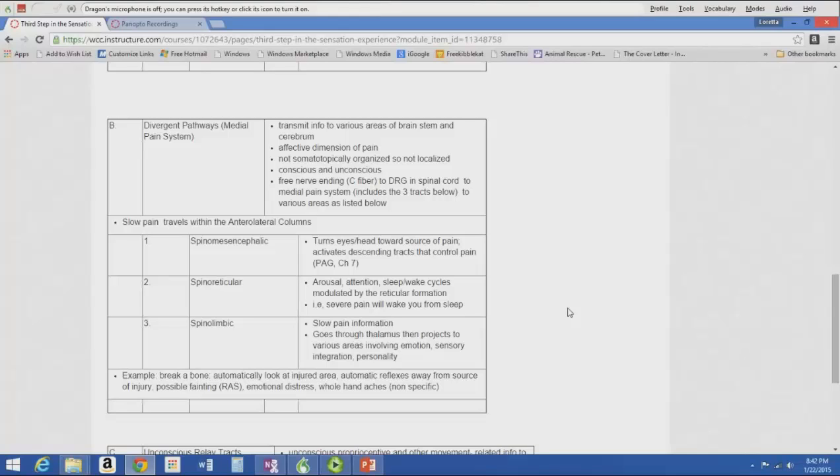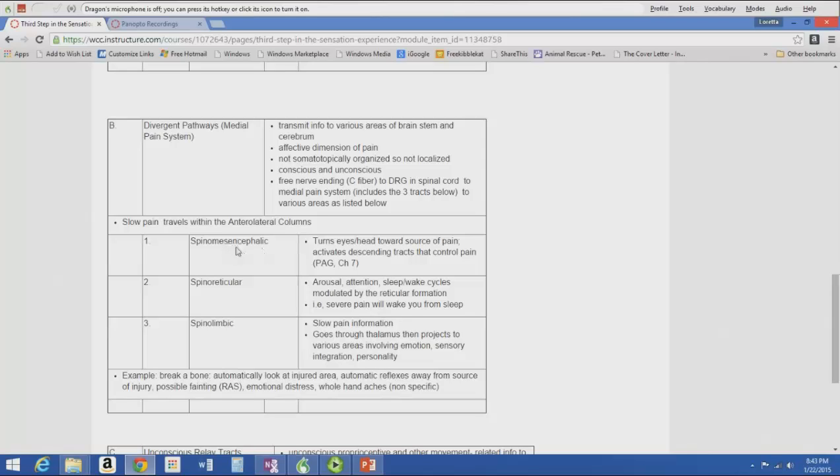And then they synapse to the medial pain system, and we'll talk about the 3 different tracts, and they go to various areas. Okay, so the Spinomesencephalic Tract. Let's break that word up so we get it. We know spino, we know it starts in the spine from the dorsal root ganglion, goes up through the dorsal horn.